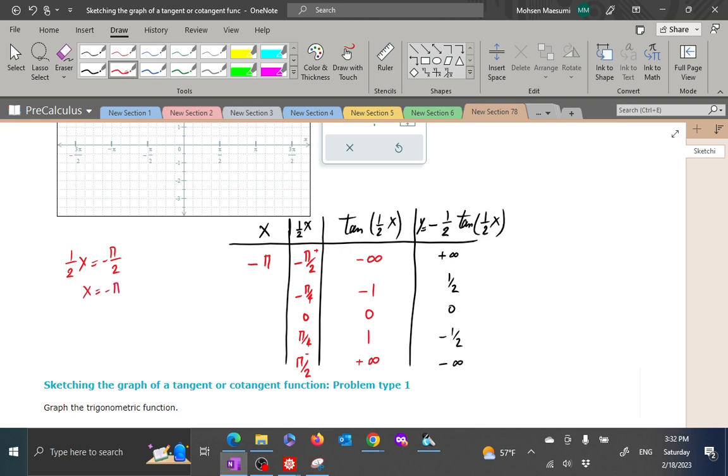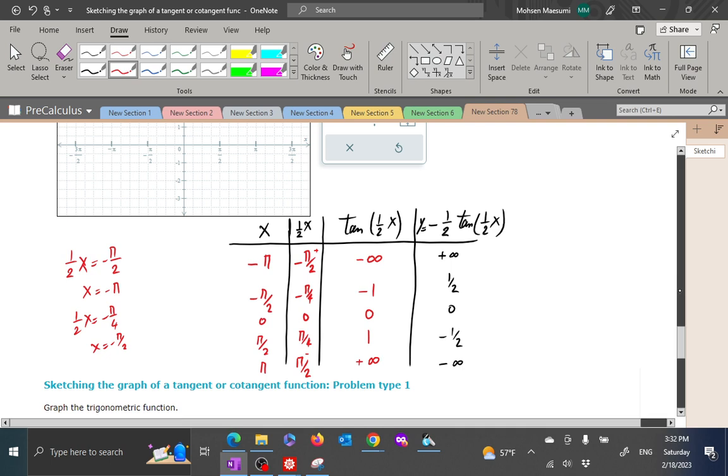Let's correct it. 1/2 x are these basic angles, and x is going to be double of those. So if 1/2 x is, for example, minus pi over 4, then x is going to be minus pi over 2. So minus pi over 2, and then 0, of course, pi over 2, and this is going to be pi.